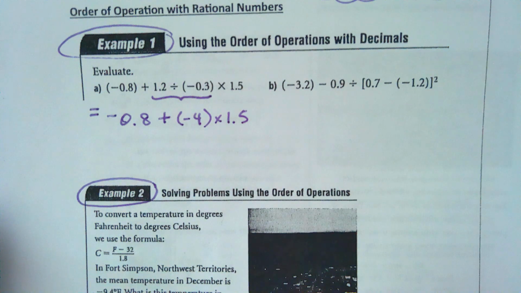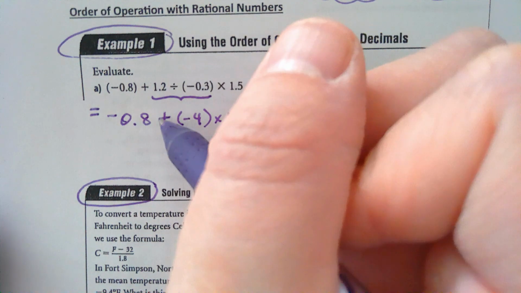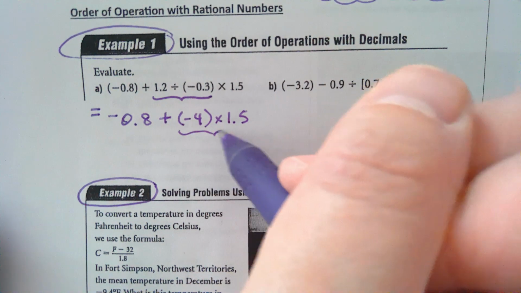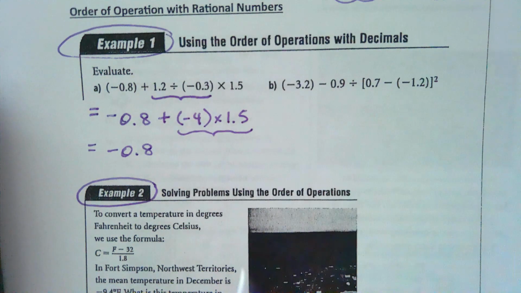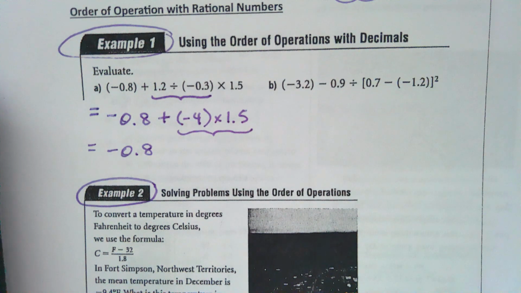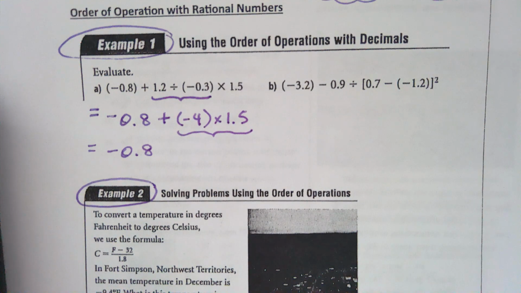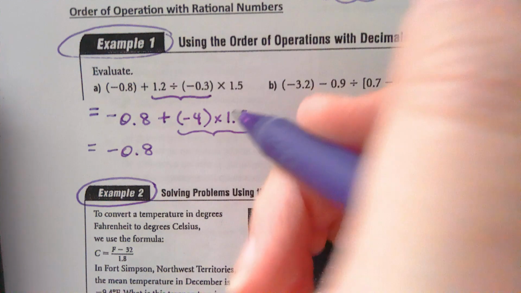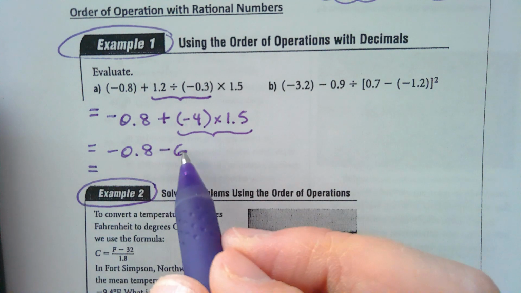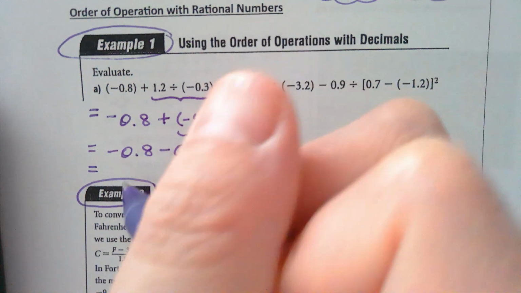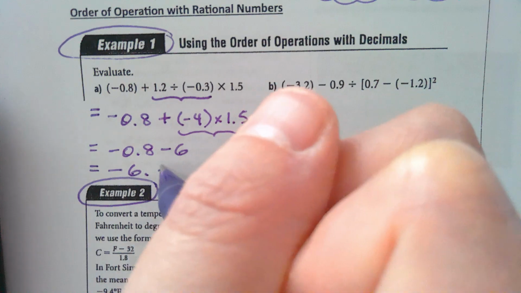And then adding multiplication, I'm going to do the multiplication first. So negative 0.8, negative 4 times 1.5, you get negative 6, or plus negative 6. And so your final answer is negative 6.8.